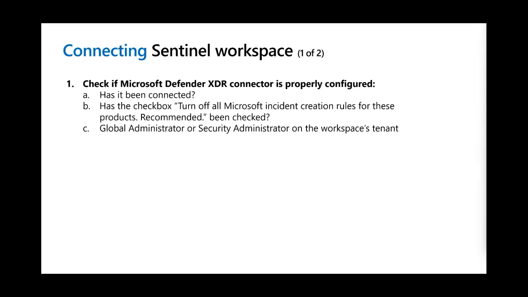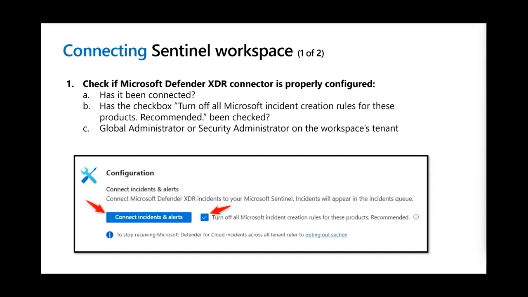So when it comes to configuration of the Defender XDR connector, there are 3 things to note here. First, we need to make sure that not only the data connector is connected, right? We need to also make sure that it's configured correctly. And by that, we mean to turn off the Microsoft incident creation rule before we connect these incidents and alerts, right?